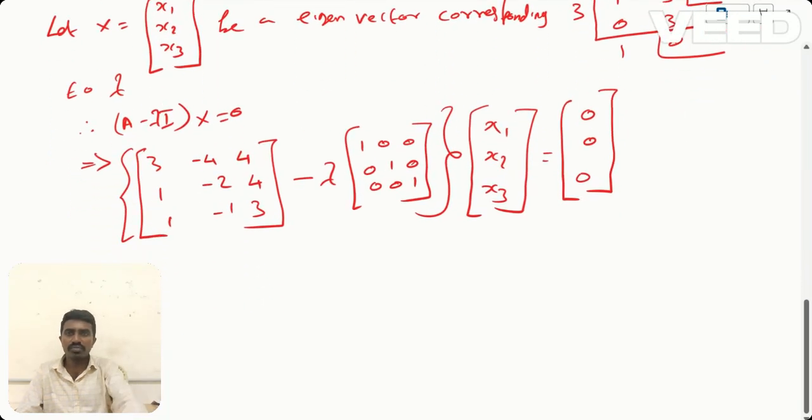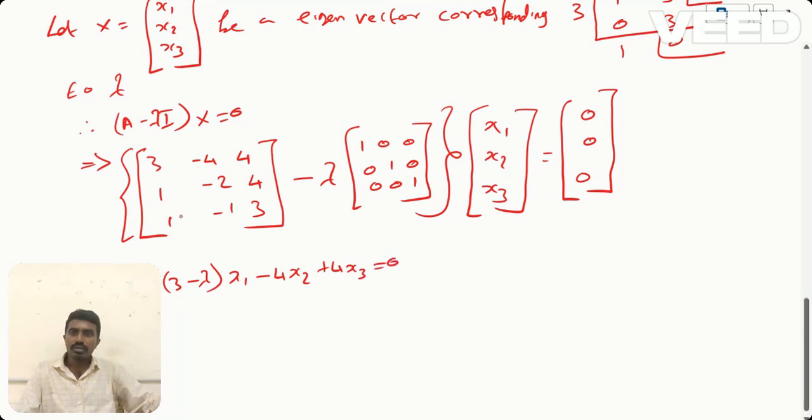Now if you simplify this, what do you get? 3 minus lambda, minus 4, multiply with x also: 3 minus lambda into x1 minus 4 x2 plus 4 x3 equal to 0.